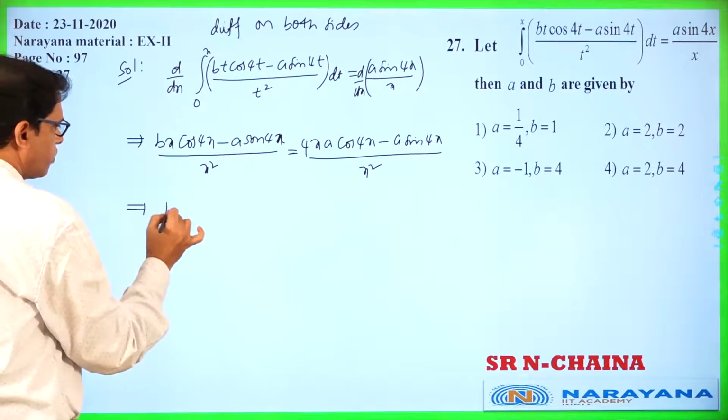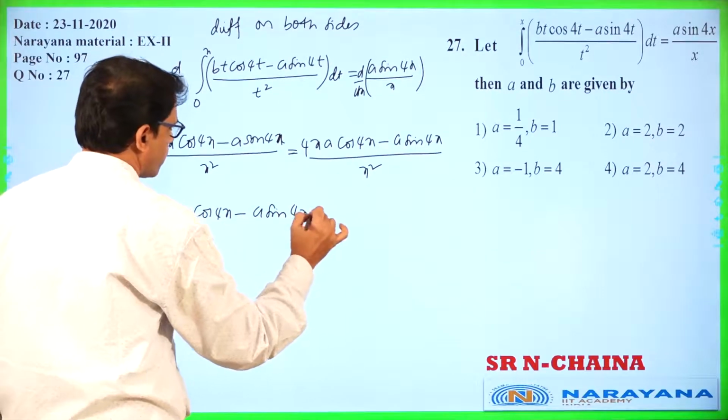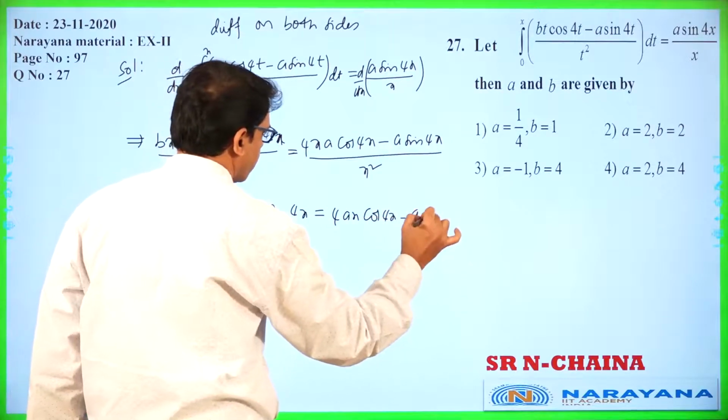That implies bx cos 4x minus a sin 4x equals 4ax cos 4x minus a sin 4x.